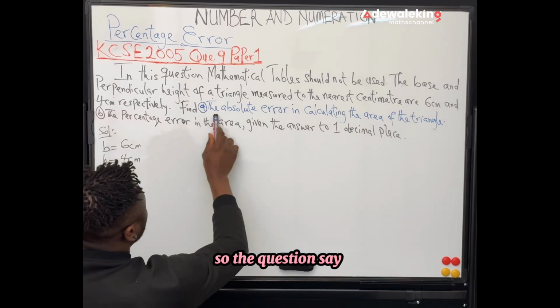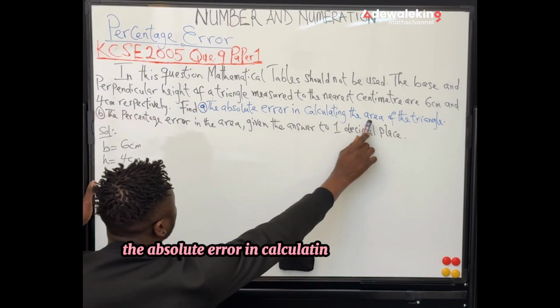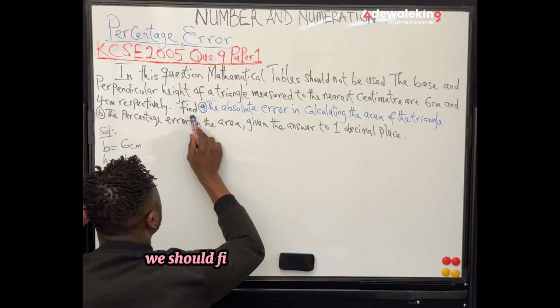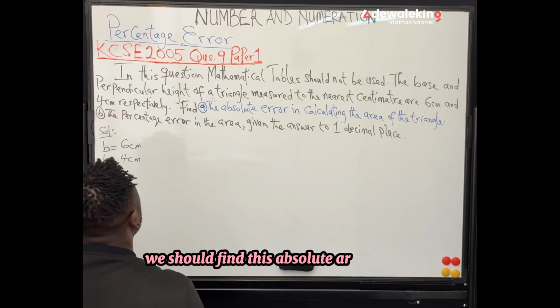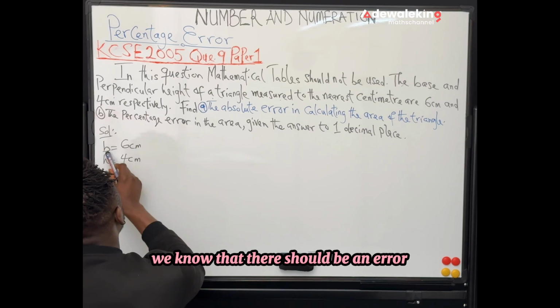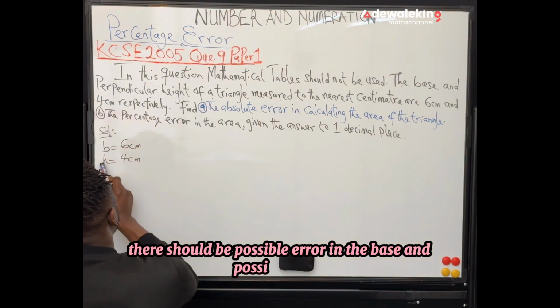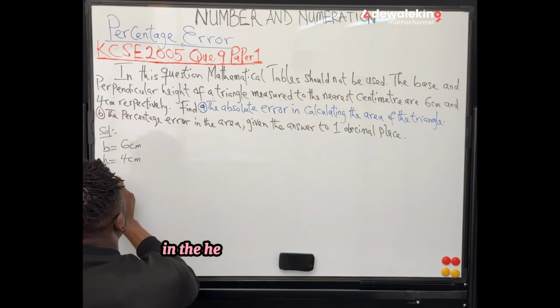So the question says the absolute error in calculating the area of the triangle. We should find this absolute error, and we know that there should be a possible error in the base and a possible error in the height.